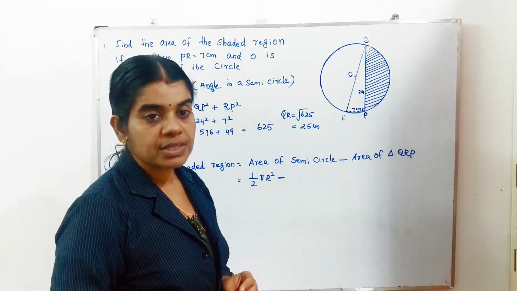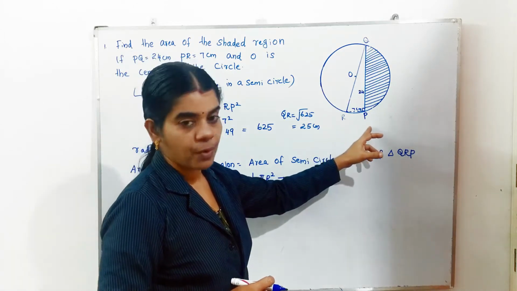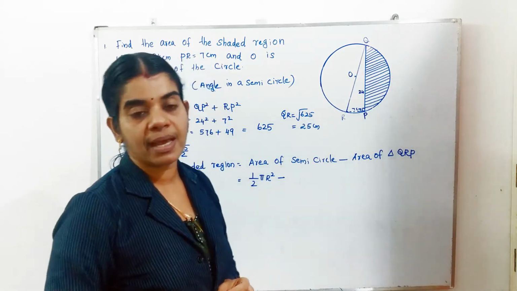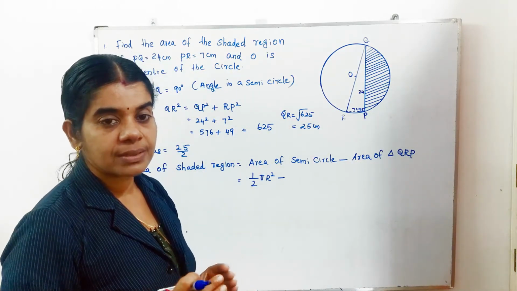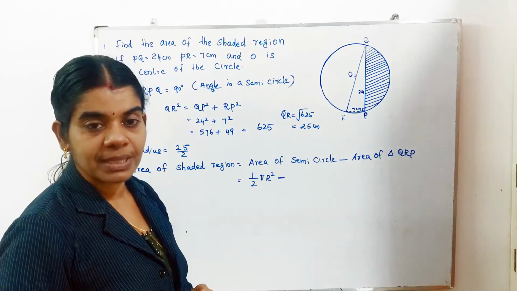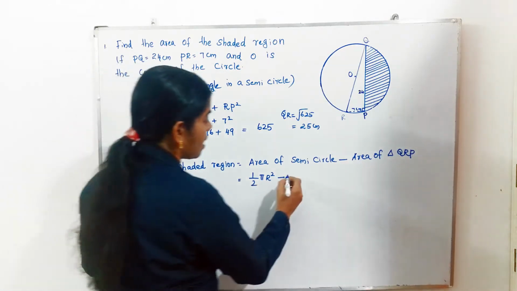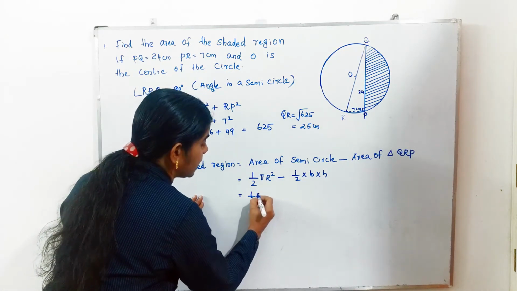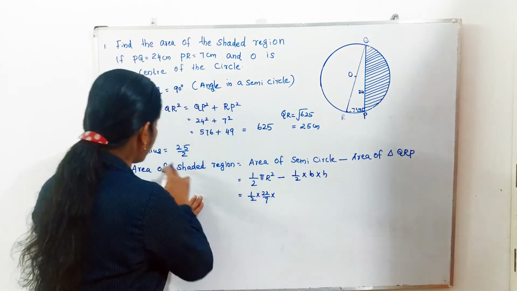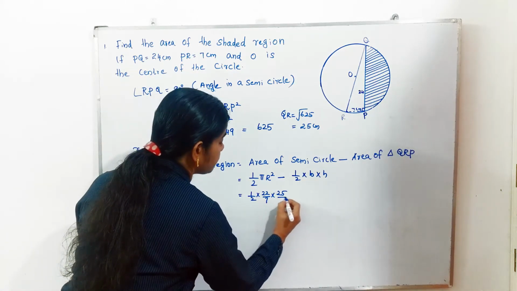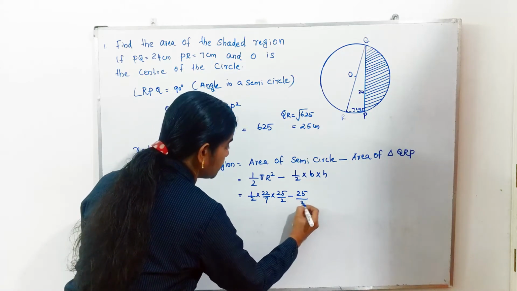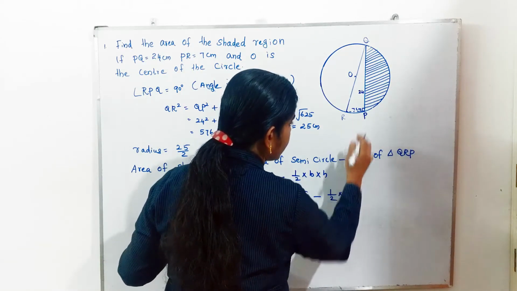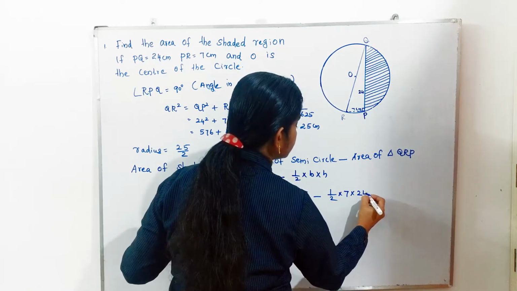In a right triangle, where the 90 degree is formed, here P is the 90 degree, so RP and PQ will be the B and H. So 1 by 2 into 22 by 7 into R, that is 25 by 2, into 25 by 2, minus half into B H. B we can take 7, H you can take 24.